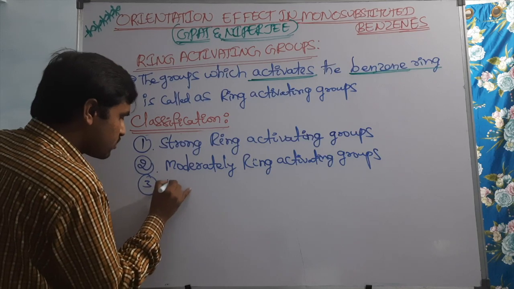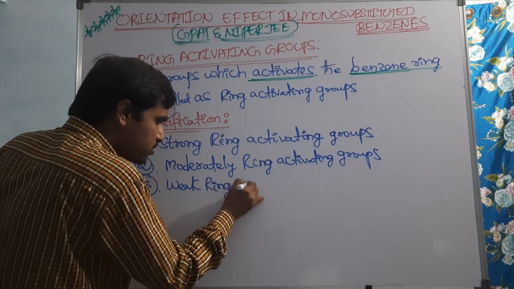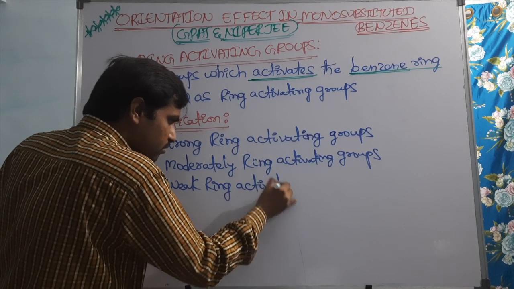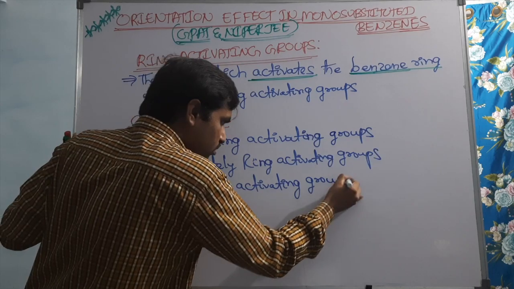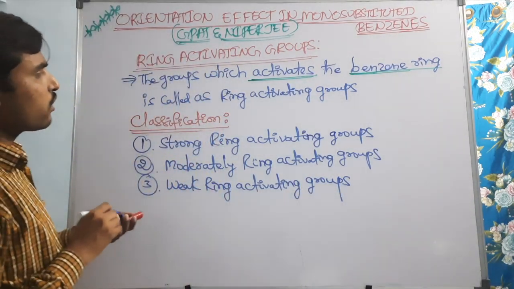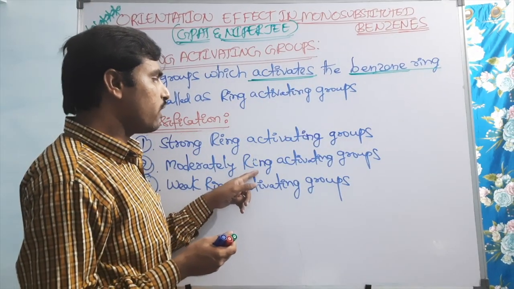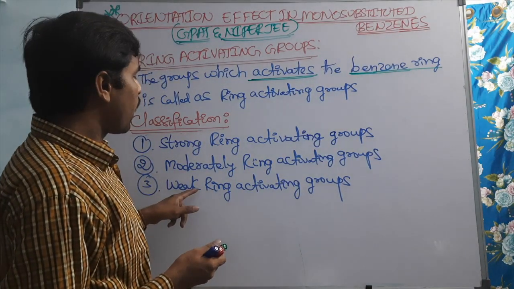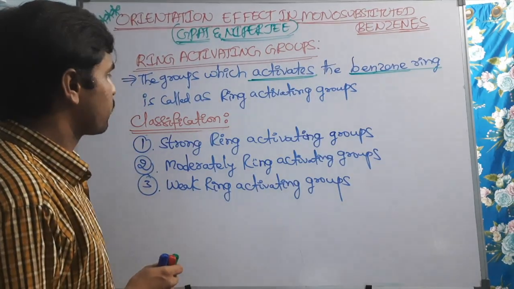The third one is weak ring activating groups. Strong, moderate, and weak ring activating groups. That is the thing.